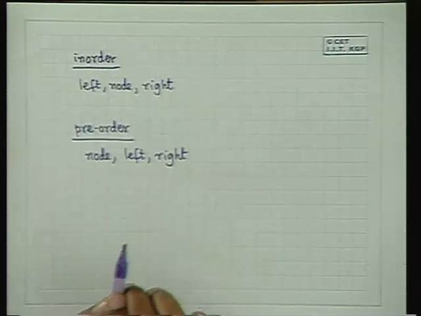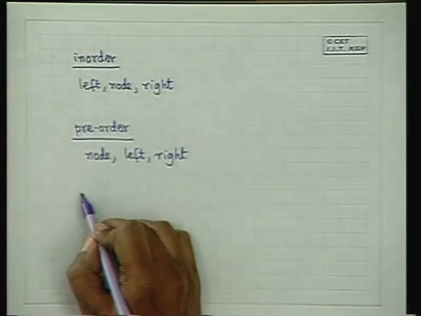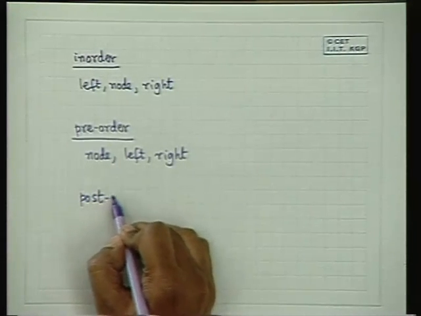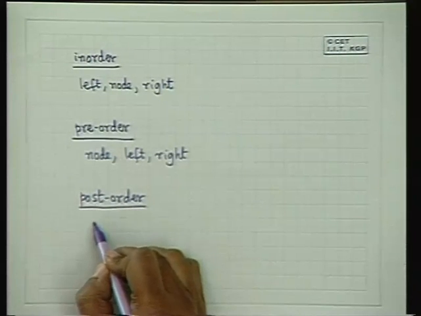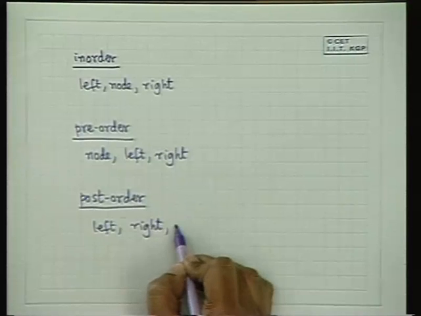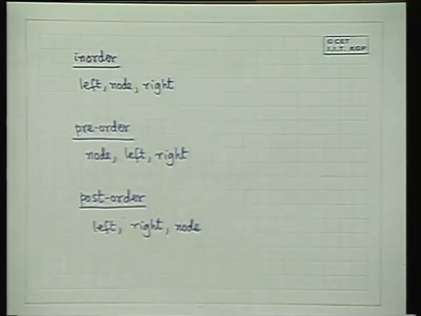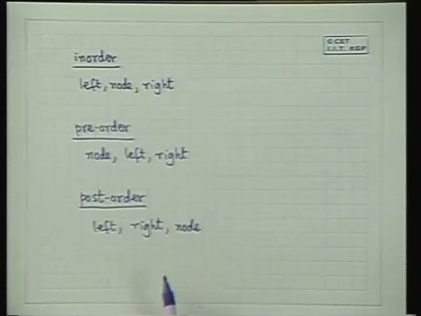That you print the node, do the left, do the right. And post order is left, right node. Pre-order and post order are useful in other representations of trees, not in such search trees, because here they will not give you exactly what you are requiring.